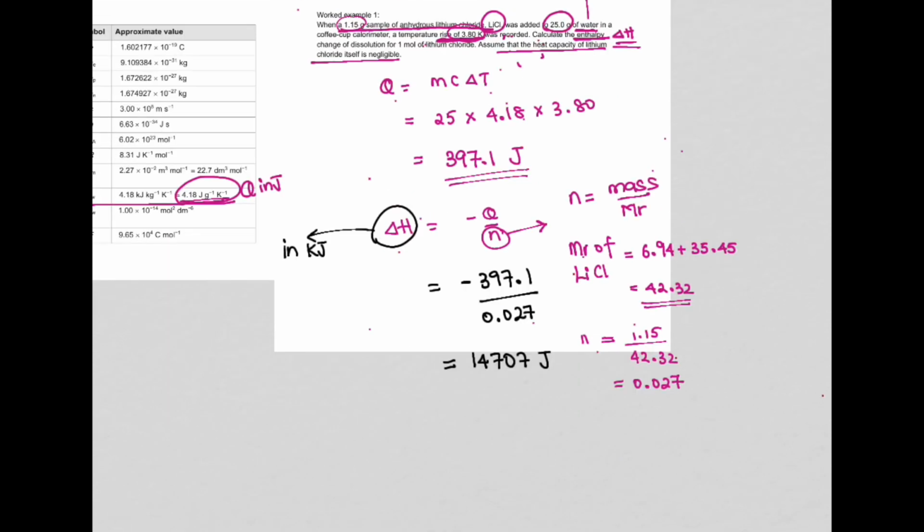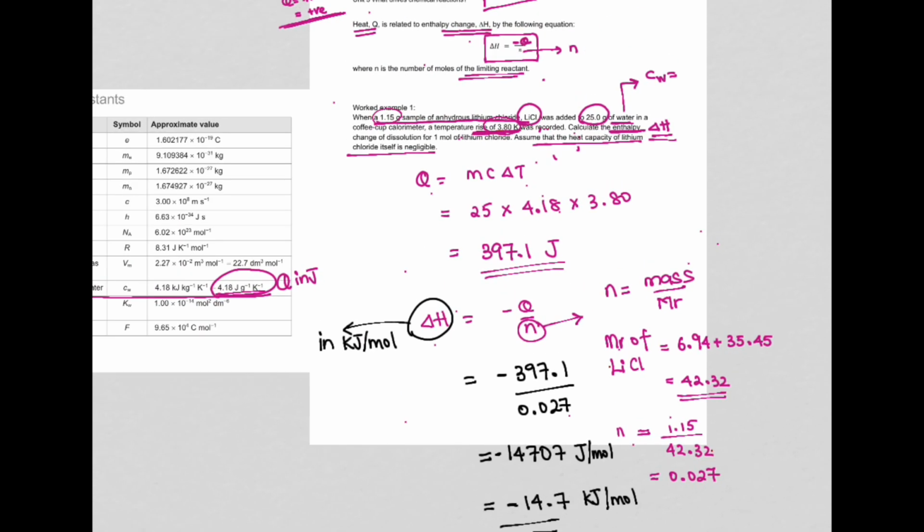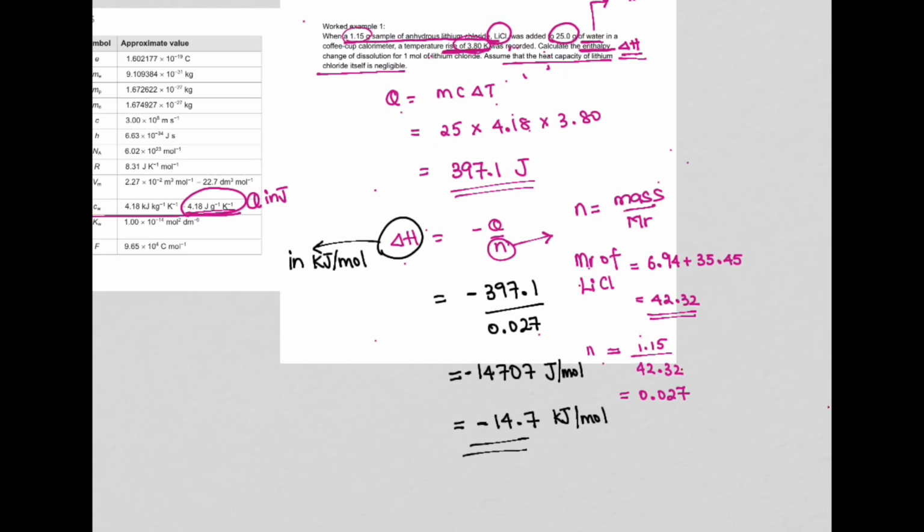Now I'm going to just convert it to kilojoules, divide by 1,000. So I give my answer in 3 SF, 14.7 kilojoule per mole, because delta H is given in kilojoule per mole. That's the typical unit. Right? And it is negative, showing that this is an exothermic reaction.